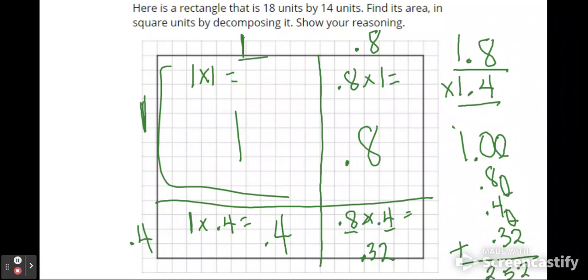So I end up with 252 like I did last time, but this time I have to leave my decimal in the same place value. So 1 and 8/10 times 1 and 4/10 is 2 and 52 hundredths. Similar to what we did when we were using whole numbers, you now just have to add in those decimal points that you were working with.